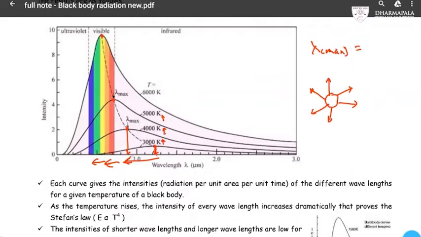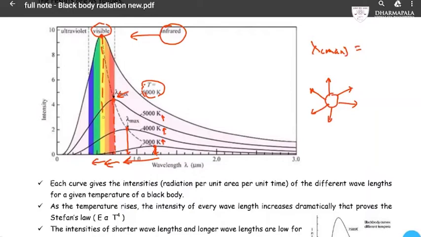So this is the infrared region, and it is shifting towards the visible region. When it comes to 5000 Kelvin, the maximum wavelength is there in the visible region. The wavelength decreases up to the visible region. Then at 6000 Kelvin, you can see that lambda max is completely inside the visible region. So 6000 is the temperature of the sun.